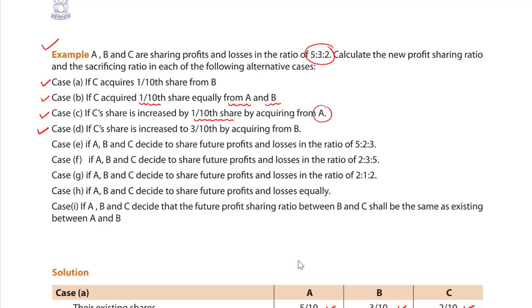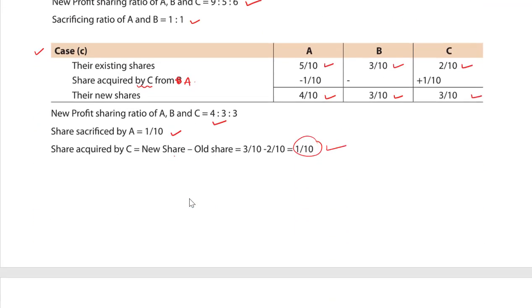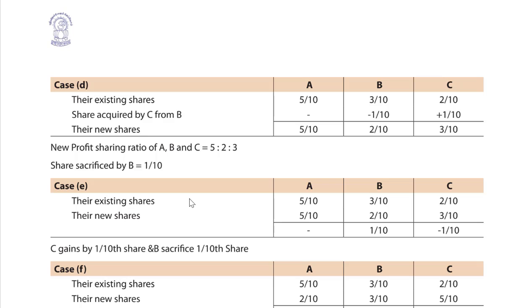Case D. If C's share is increased to 3 by 10 by acquiring from B, increased to 3 by 10. Case D. Existing shares of all the partners: A 5 by 10, B 3 by 10, C 2 by 10. C's share is increased to 3 by 10. So additional is 1 by 10.